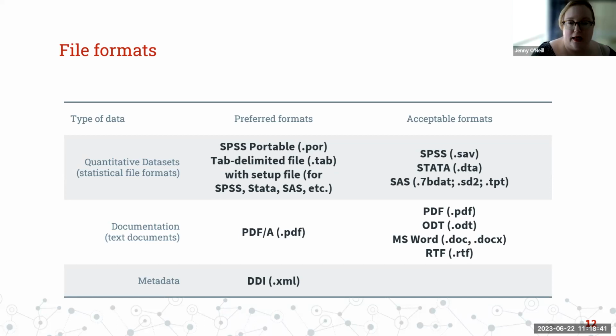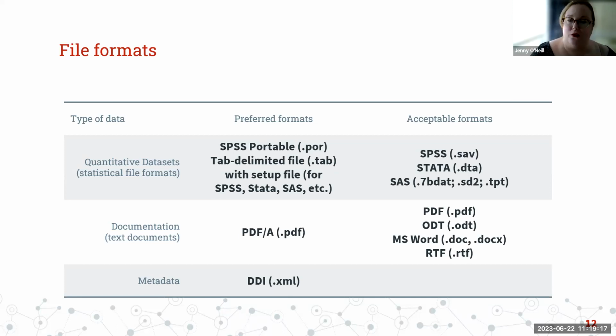Within documentation, again, we prefer PDF-A, which is an archival format, but there are other formats which are acceptable. From our perspective within the archive, it's much easier for us to manage these non-proprietary formats, or indeed PDF-A, because the standards behind the formats have been made openly available, which means in 50 years' time, if SPSS is no longer a usable format, we will be able to create new formats for the data.